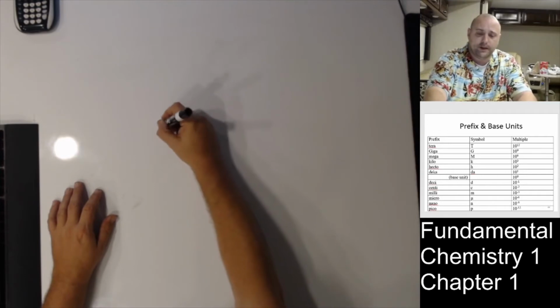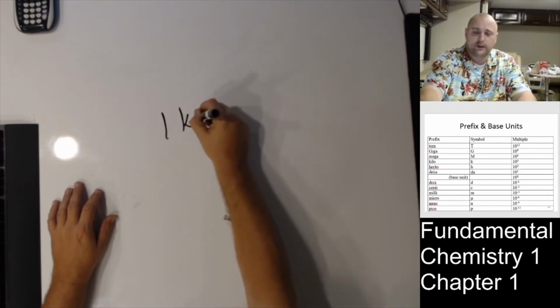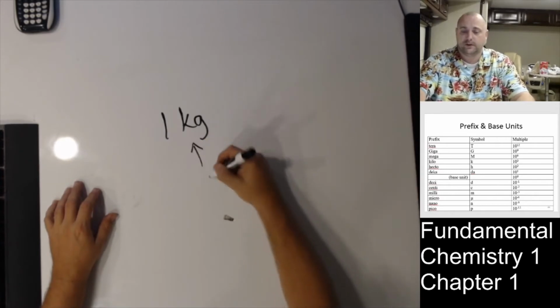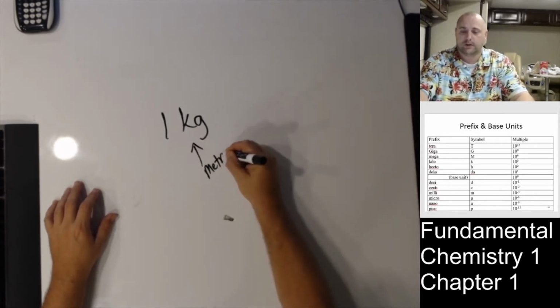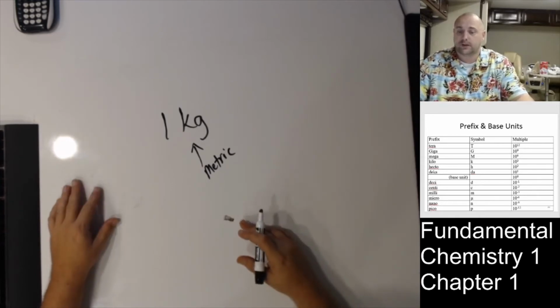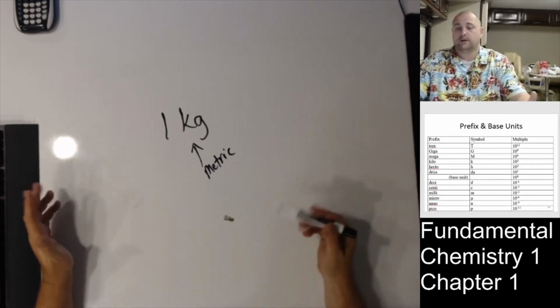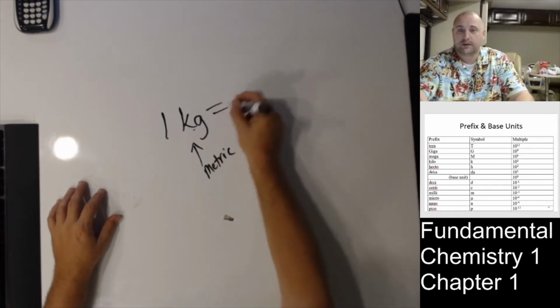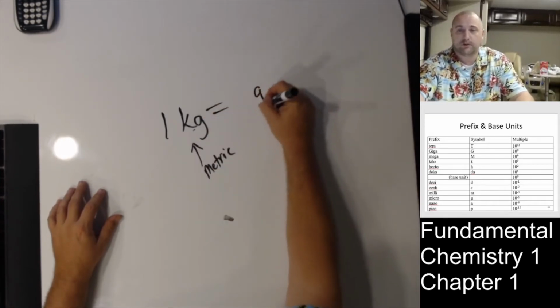So if I see something that says 1 kilogram, I need to recognize first off, this is metric. First thing you got to recognize. And the fact that it's metric helps me out a lot. So now I can tell I've got a prefix. And so I can just say 1 kilogram is so many grams.